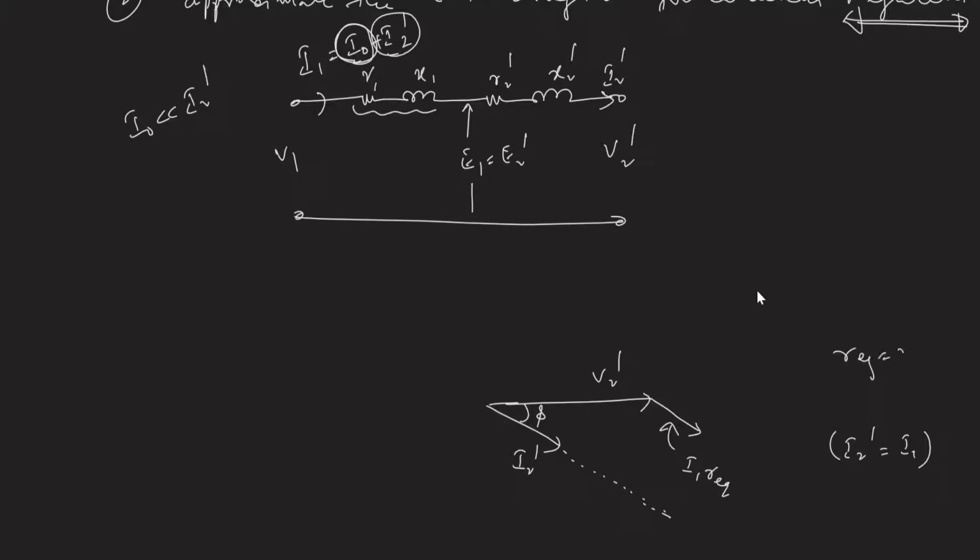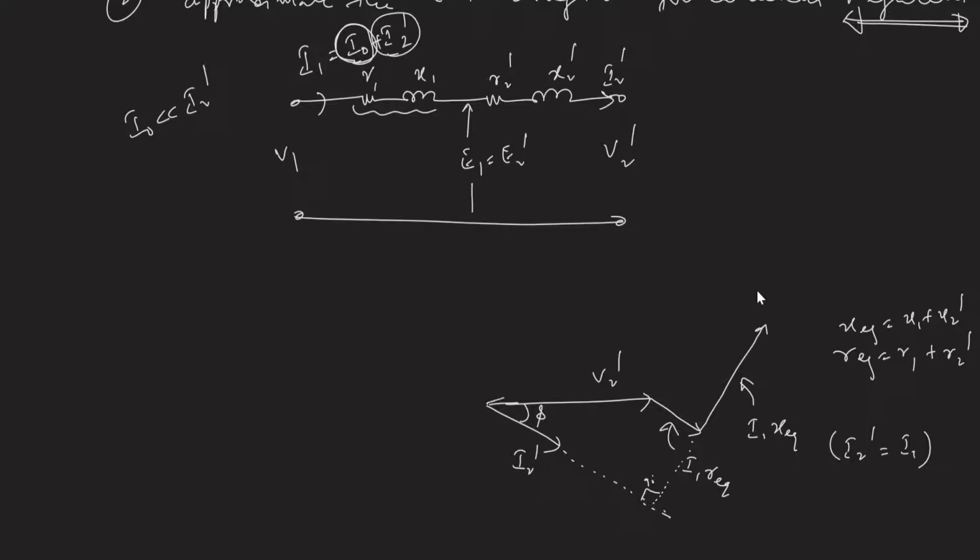R equivalent is the sum of R1 plus R2 dash, and the perpendicular component to the current is I1 X equivalent, where X equivalent is X1 plus X2 prime.